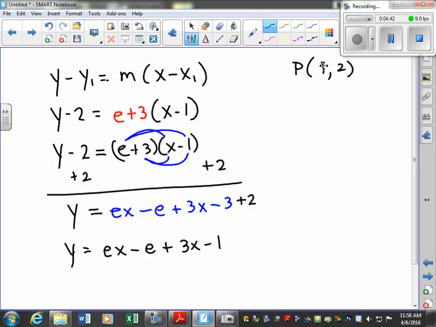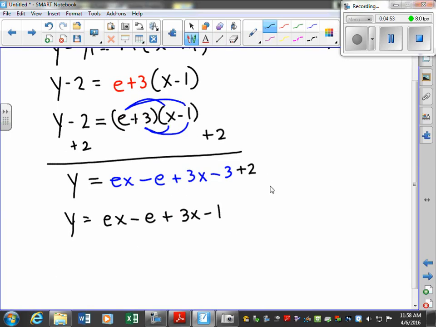Now this doesn't look necessarily like slope-intercept form, so what we can do is try to group our x terms so that we can simplify this a little bit better. If I rearrange it to put my x terms next to each other, I would put this term next to this term, and then the other two that are left are minus e minus 1.